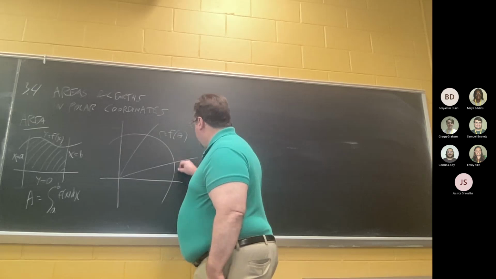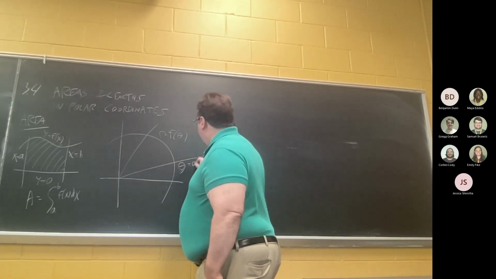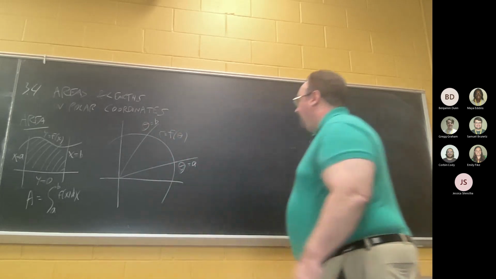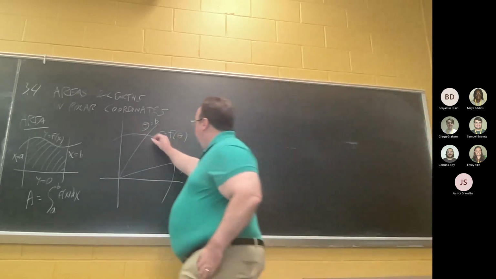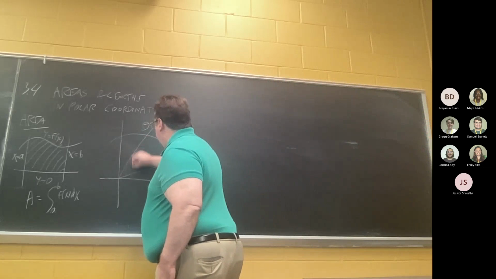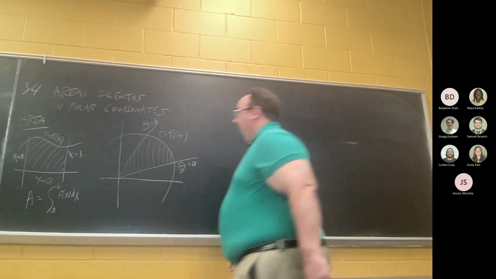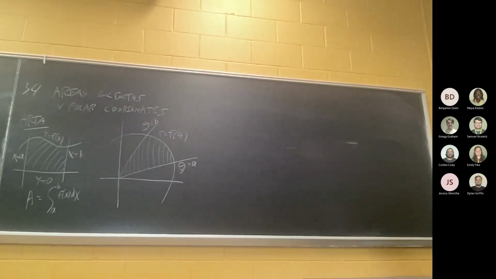So we have theta equals a and theta equals b. So how do we get the area of this shaded region? Using a similar approach.